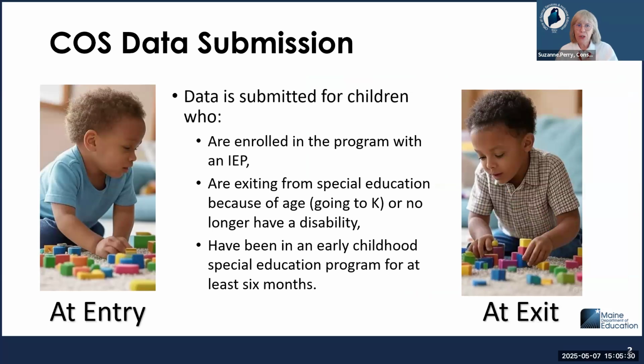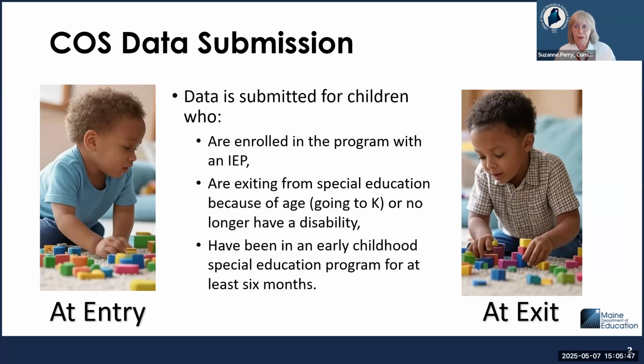So let's take a look at who we're talking about, who is going to be included in the data that you're going to be submitting. Upon entry into the program and upon exit from it, a preschool-age child is rated using the COS process.